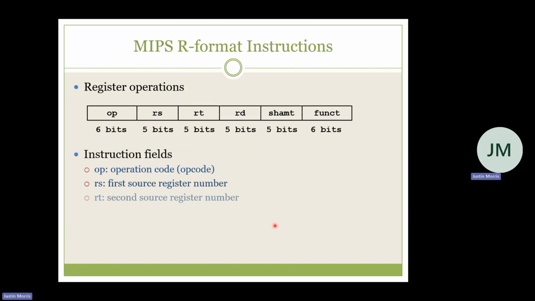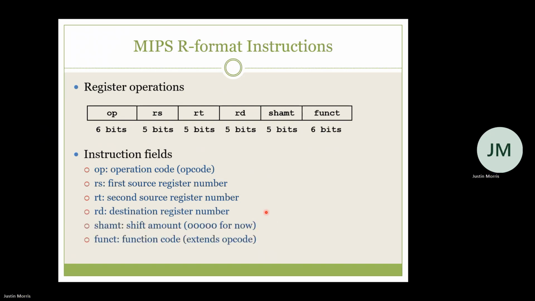So R-type instructions. The opcode for all of our instruction types is 6 bits. It's in the same place for every single instruction, in the first 6 bits of the instruction. And then we have RS, which is the first source, RT, the second source, and RD, the destination.